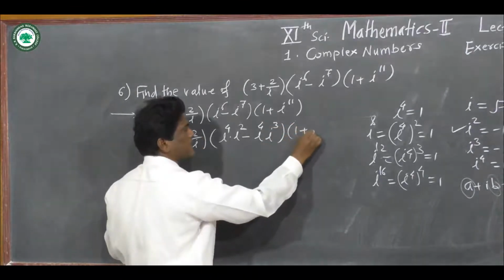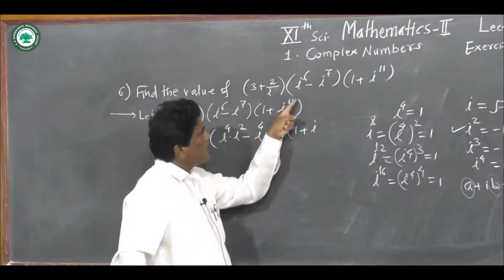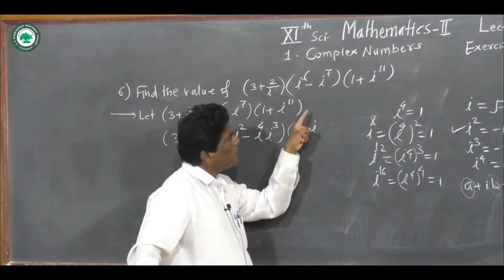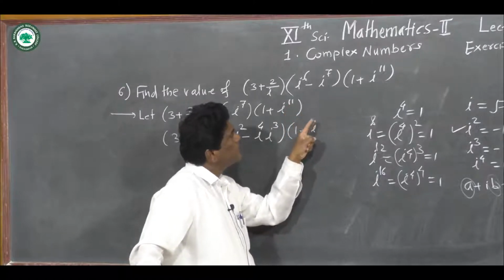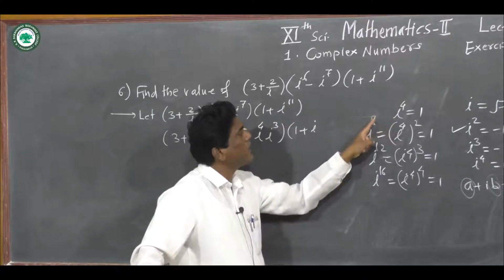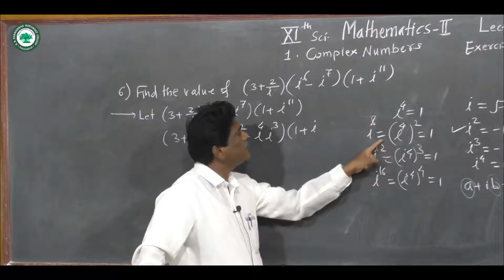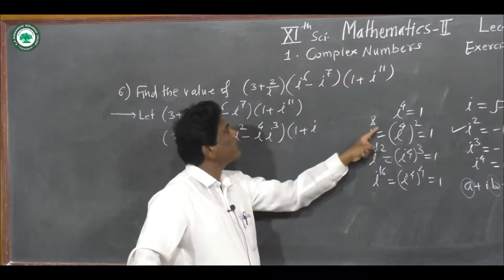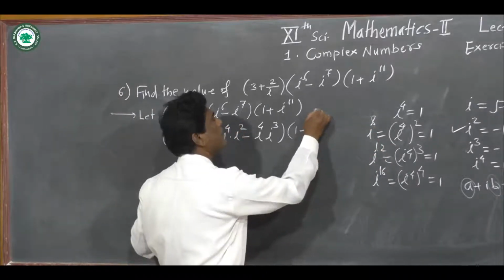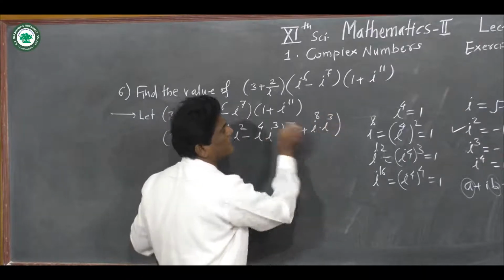Then 1 plus i to the power 11: we take the multiple of 4 near to 11 and less than 11. Here i to the power 4, i to the power 8, i to the power 12. We cannot take i to the power 12, so we take i to the power 8. So we write i to the power 8 into i to the power 3, 8 plus 3, 11.